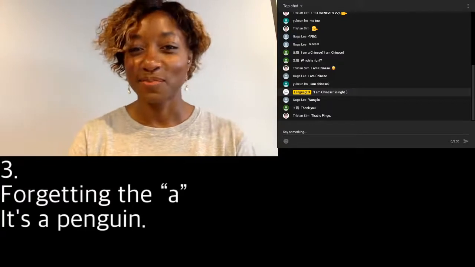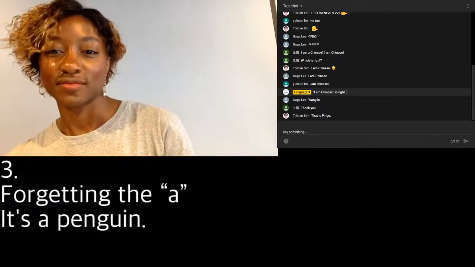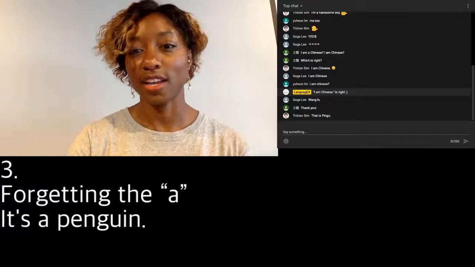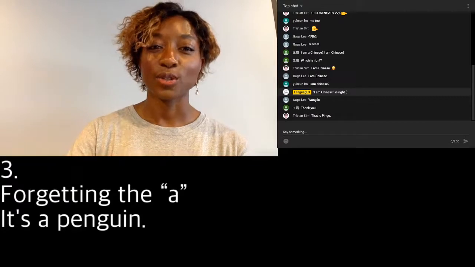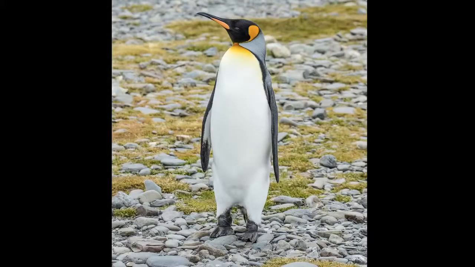Pingu? Is it Filipino? I think I know what you're getting at. So this is a penguin. It's a penguin, right?